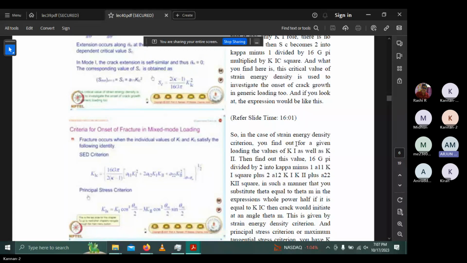Now, since there are two different formulas for finding out K1C for two criteria, unless we find out in a problem whether it is coming similar or not, I think we have to go back to the text only to find out what is the real thing.